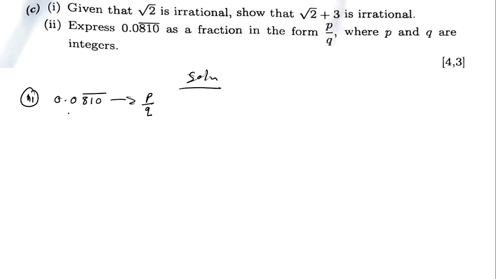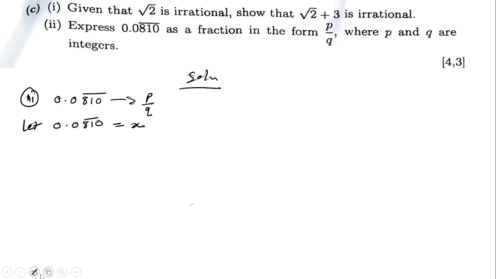So this one is very easy. You can just do it fast. You're just going to say let 0.0810 bar be equal to x, or you can say let x be equal to 0.01 bar.